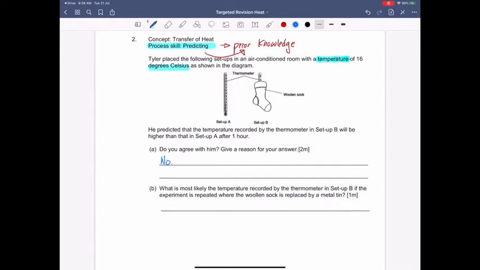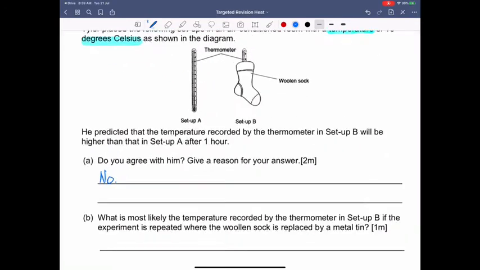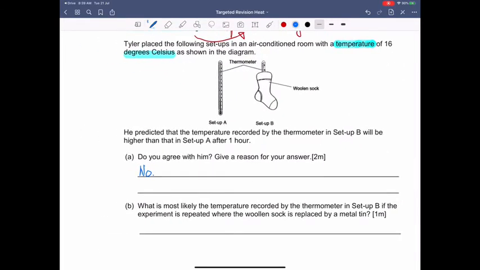So instead, you have to find out what is the prior knowledge that they want you to relate it to. In this case, you need to say that because he said that the temperature in setup B would be higher, that's what Tyler was trying to say. But Tyler is wrong, because in order to be higher, heat needs to be gained.